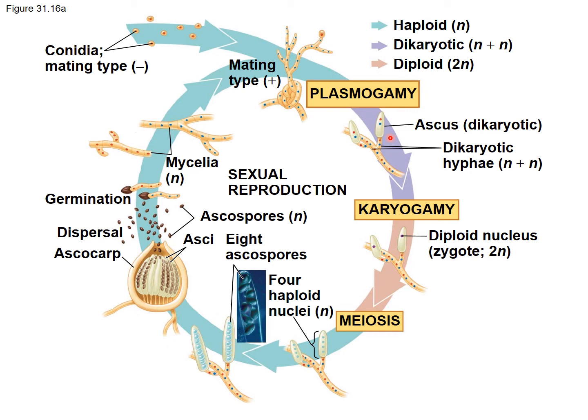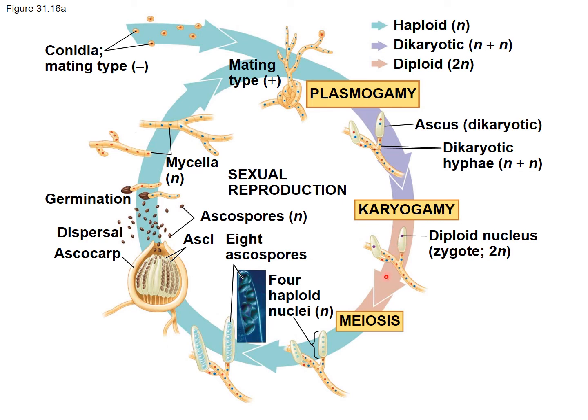This can last for a little bit of time, and then over time, eventually those two haploid nuclei will fuse, and once they fuse, we could say that karyogamy has occurred, and now there are diploid nuclei in what will eventually develop into the asci.